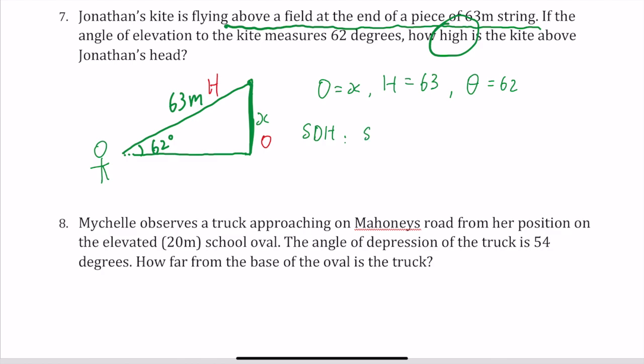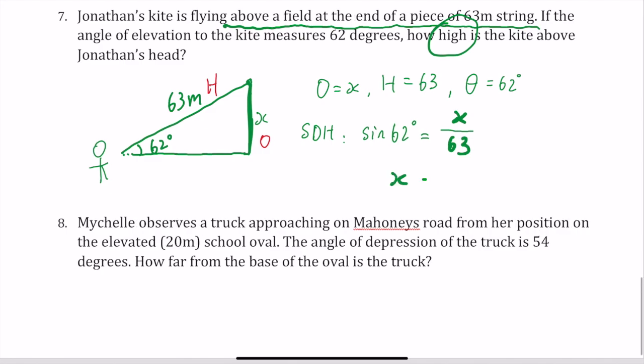So sine 62 degrees equals x over 63. So you're going to figure out the x. Please use your calculator to figure out the result by yourself.